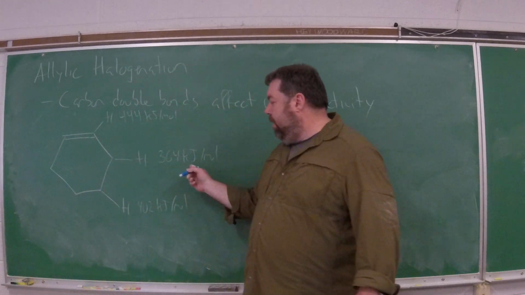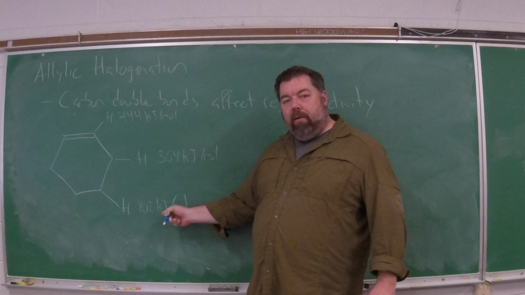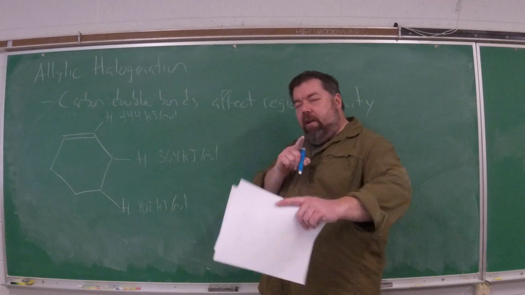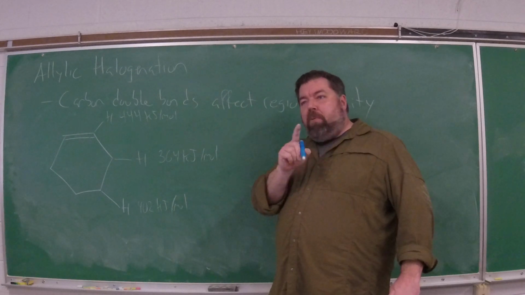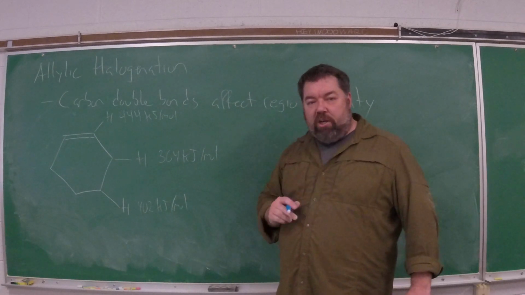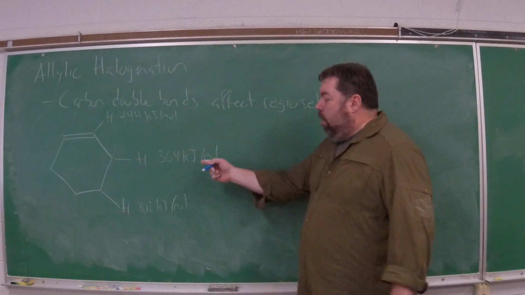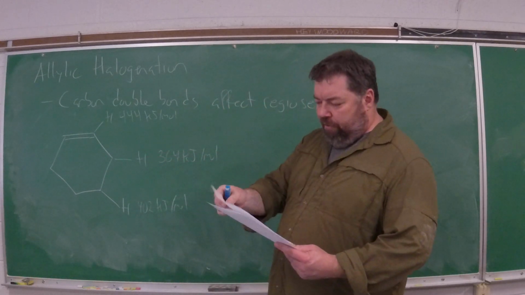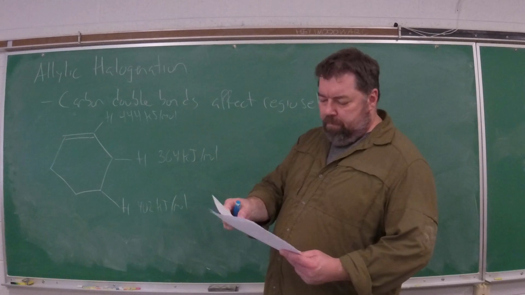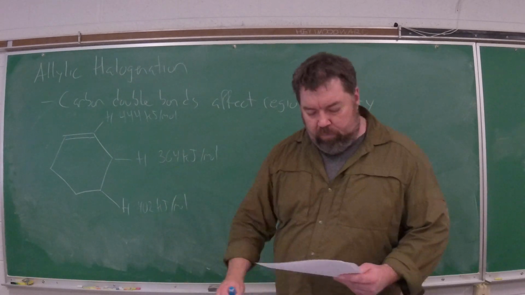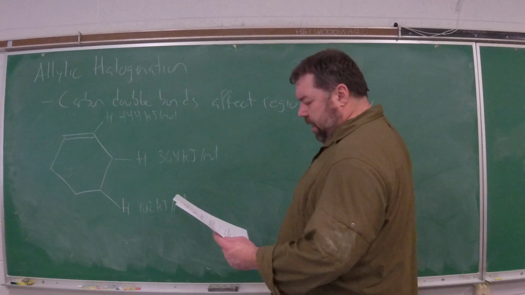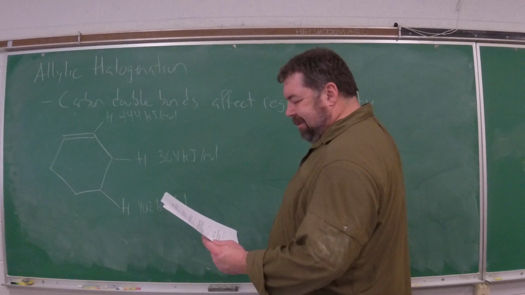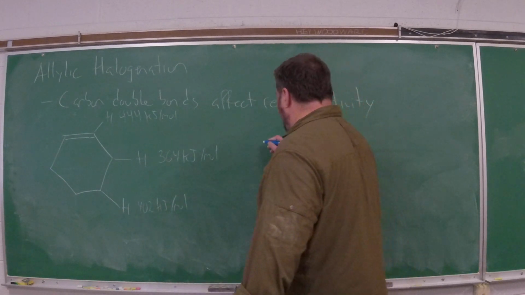Now, why would this one be lower than that one? Again, I know you're thinking ahead, and you're thinking, boy, Cliff, it's probably because there's resonance structures, and you are correct. When we take this off from here, we'll have a resonance structure, which let me draw. I'll just draw it this way.